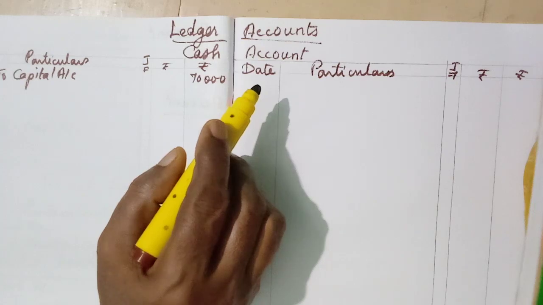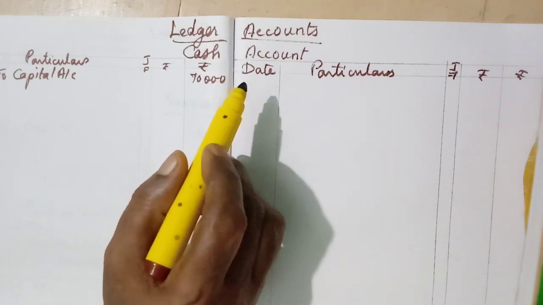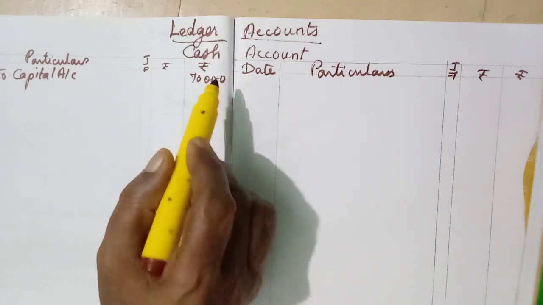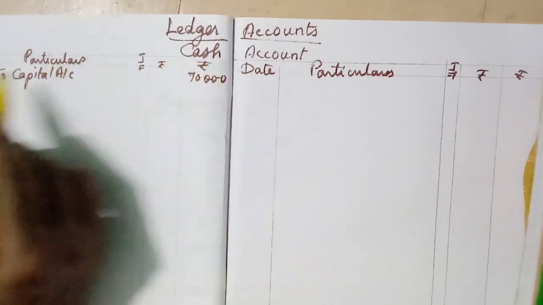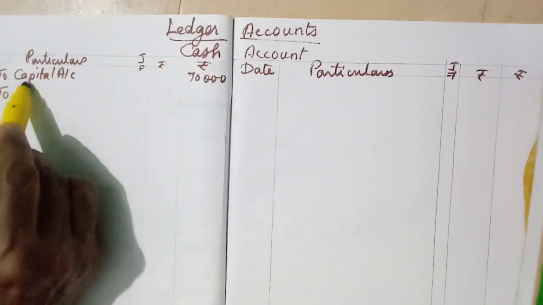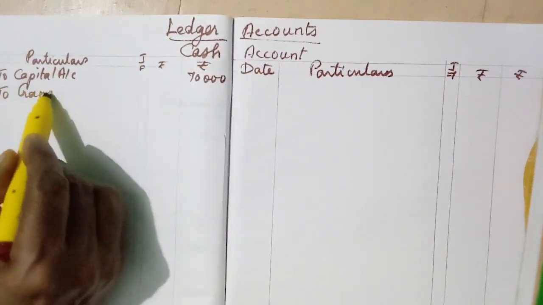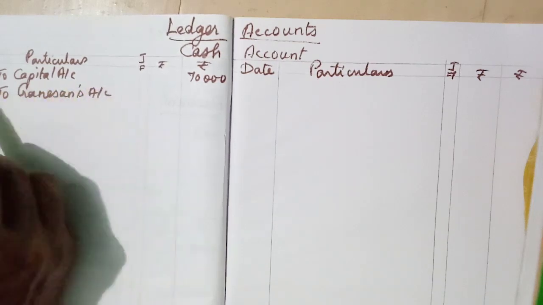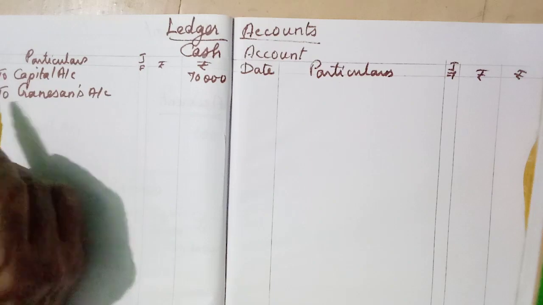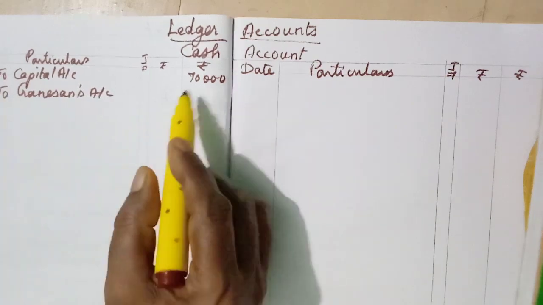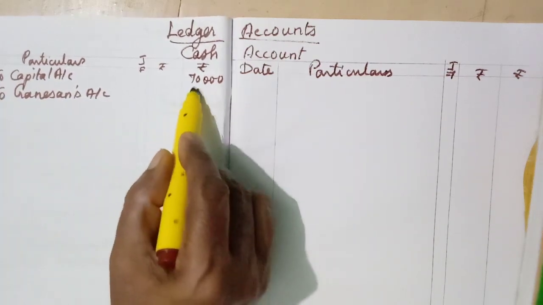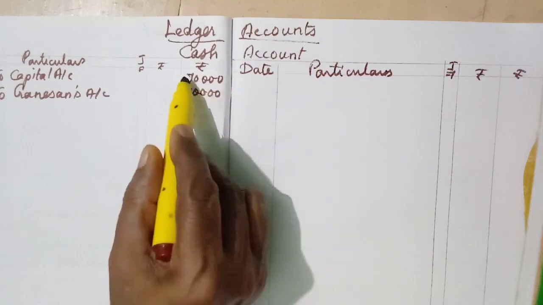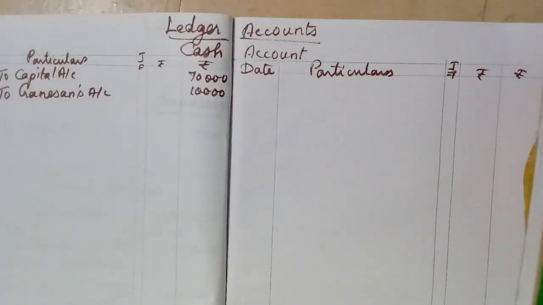Then sixth one, cash account debtor to Ganesan account. Ganesan's account or Ganesan account. Date 6. Amount 10,000. Write the amount correctly like this. Just below to 7. Okay.